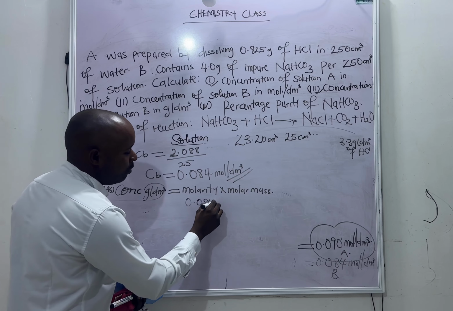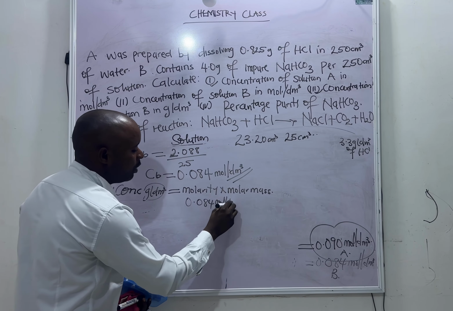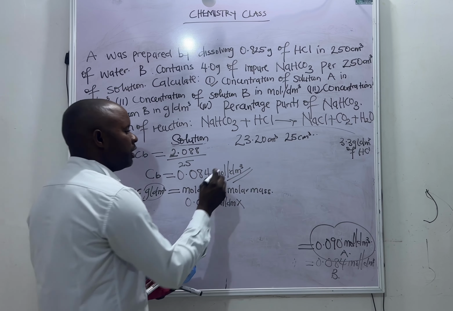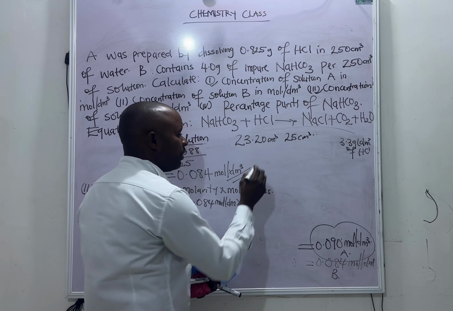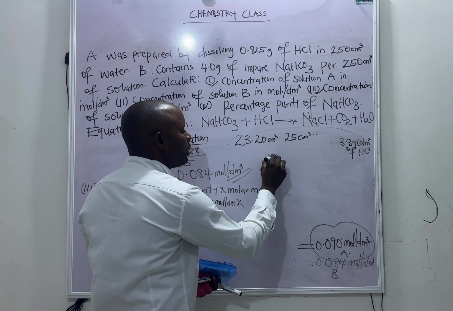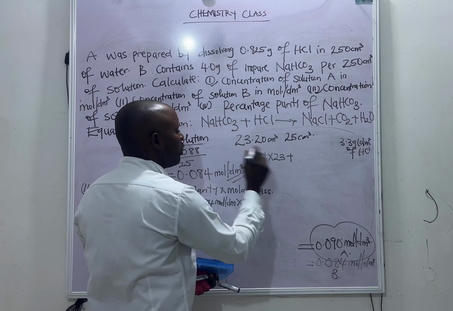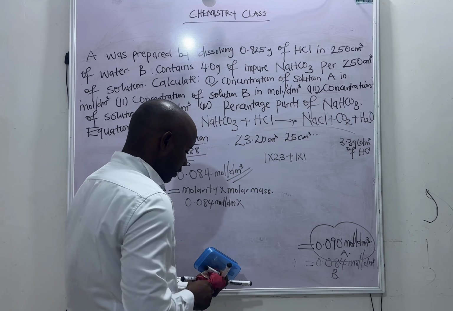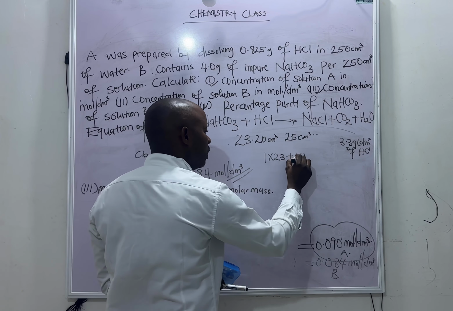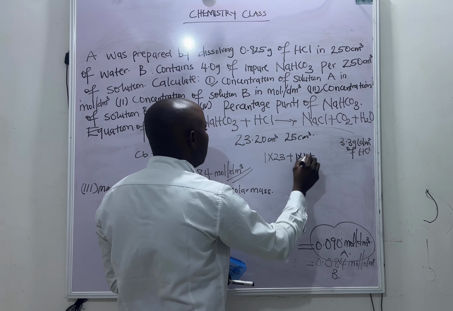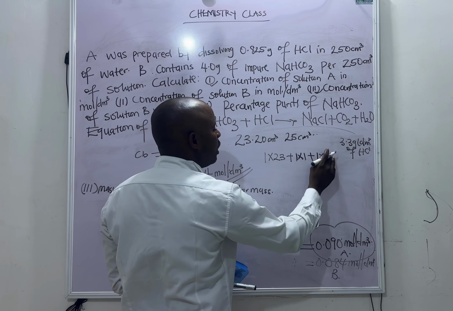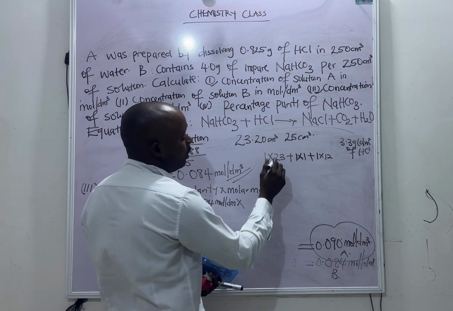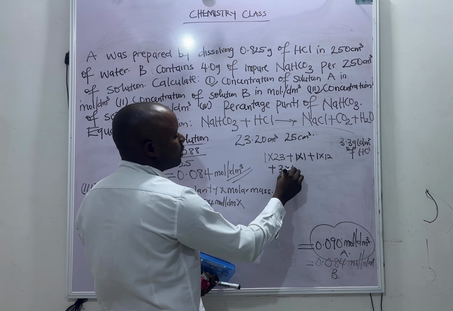0.084 mole per dm cube times, what is the molar mass of sodium hydrogen trioxocarbonate(IV)? We said the relative atomic mass of sodium is 23. It occurred once, 1 times 23, plus hydrogen occurred once, has a relative atomic mass of 1, plus carbon occurred once, relative atomic mass of 12, plus oxygen occurred 3 times, relative atomic mass of 16.